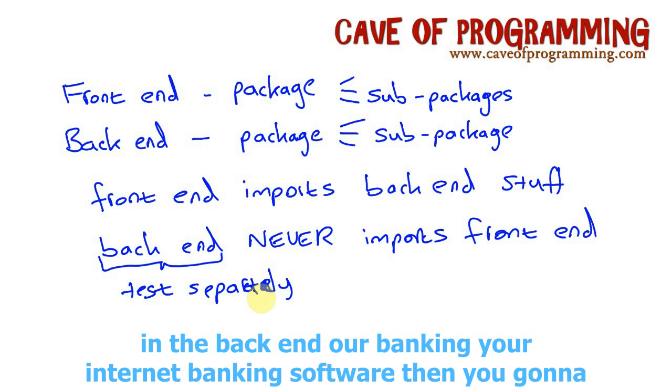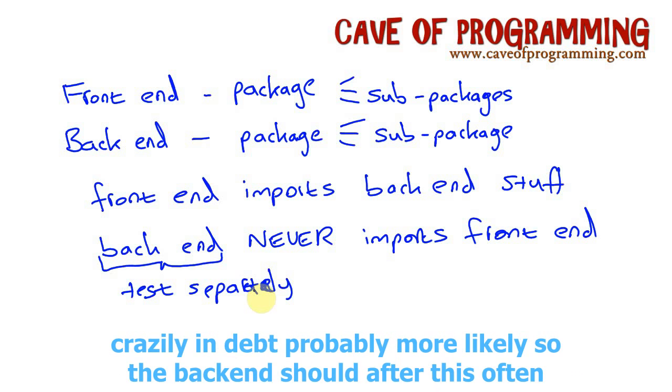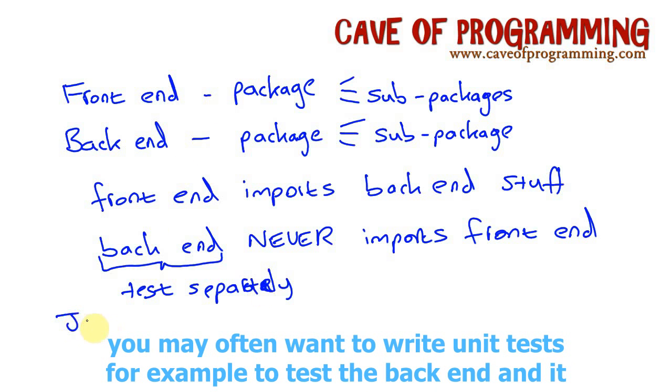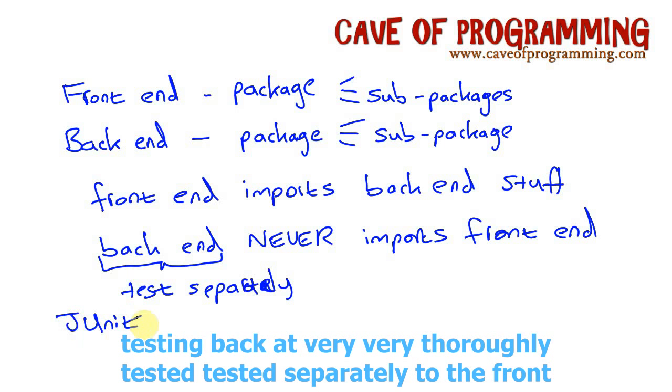If there's a bug in the back end of your internet banking software, then you're going to lose money, or end up with some crazy amount of money, or end up crazily in debt, probably more likely. So the back end is often thought of as something that's got to work flawlessly, it's got to be thoroughly tested, and you may often want to write JUnit tests, for example, to test the back end, and it lends itself to testing via JUnit because it's just code, there's no front end there. So test the back end very, very thoroughly.